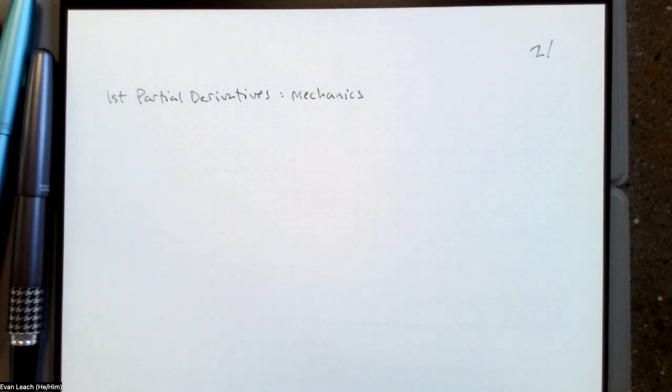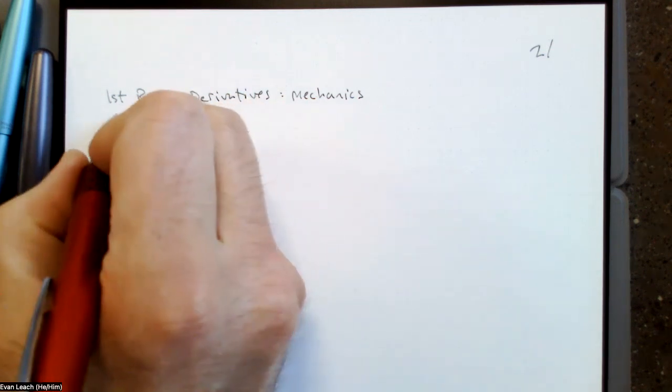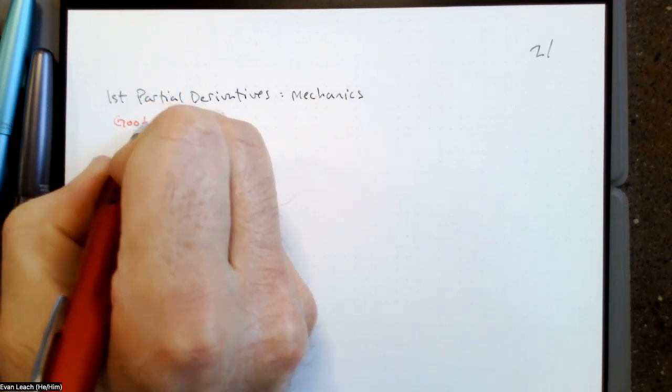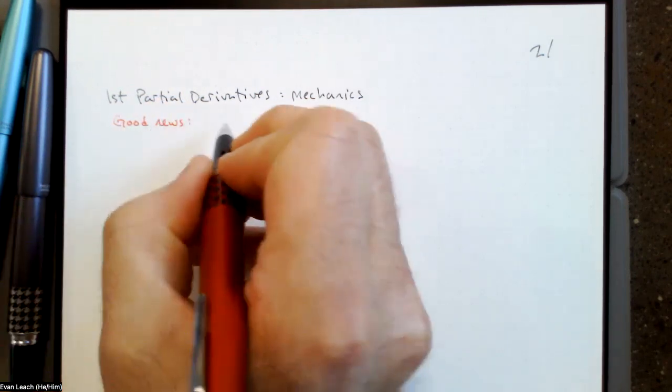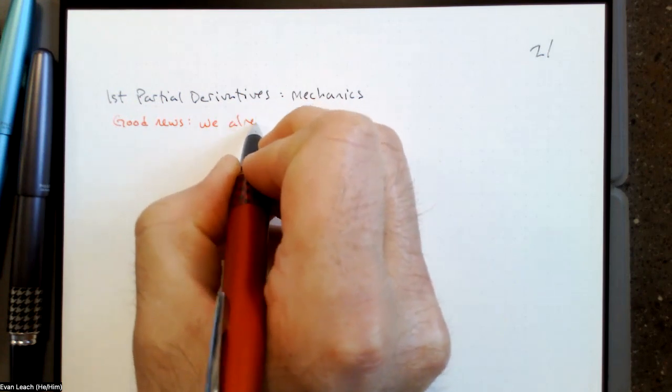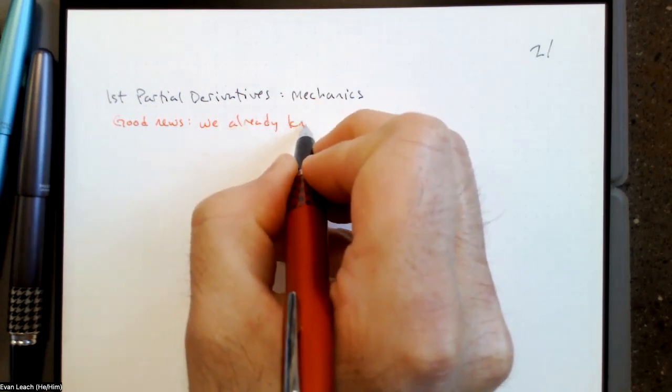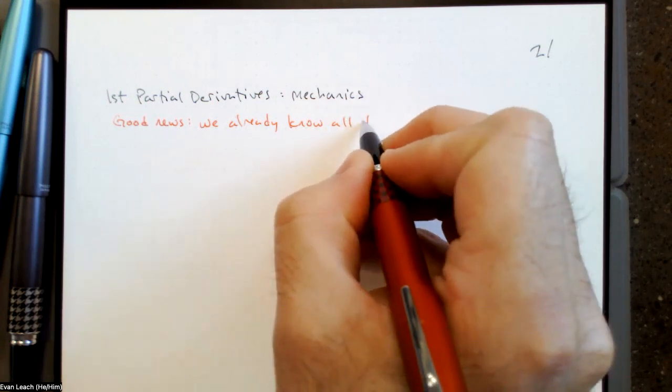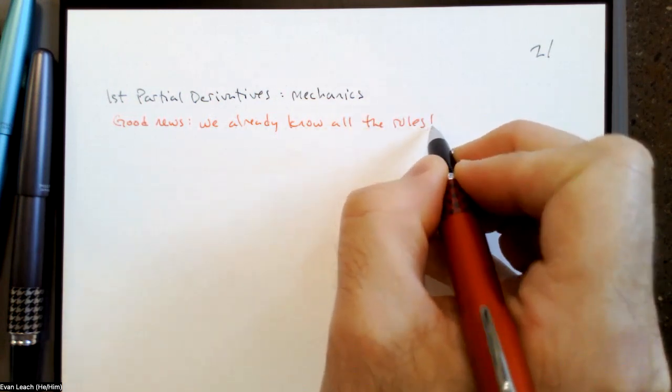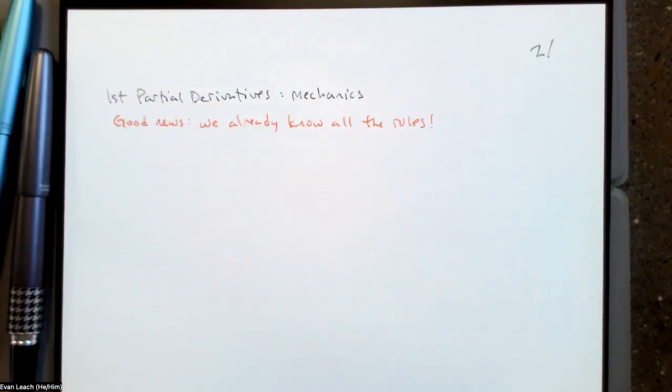So this is just doing the thing. This is nx to the n minus 1, but for functions of two variables. So good news.